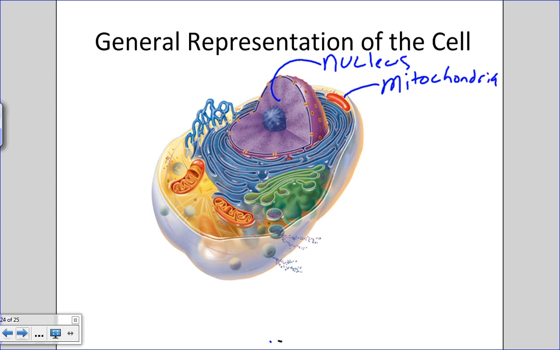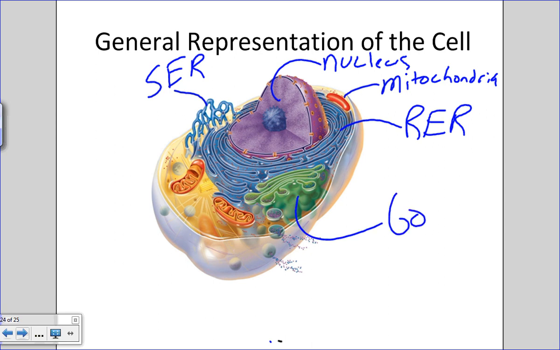Okay, and then you can see there are these kind of invaginated folds here. This one is the RER, the rough endoplasmic reticulum. This here is the smooth endoplasmic reticulum. All right, and then this is the Golgi complex. All right, and then we mentioned the spindles and the fibers, the parts of the cytoskeleton.